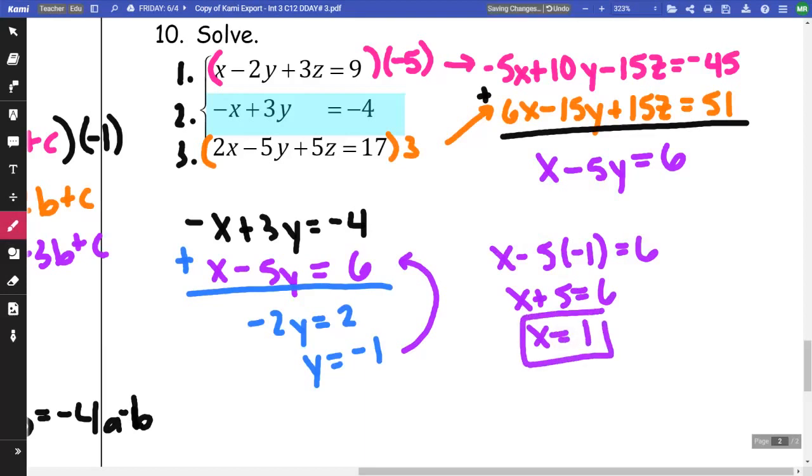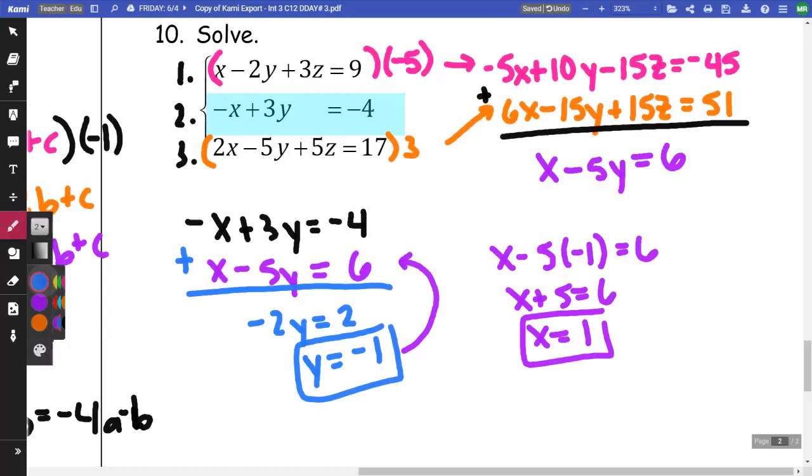And then I have to put it into either equation 1 or 3 because the other one doesn't have a z. So I'm thinking equation 1. Okay, so I'm going to put it into my equation 1. So it's going to be x, so it's going to be 1 minus 2 times -1 plus 3z equals 9.